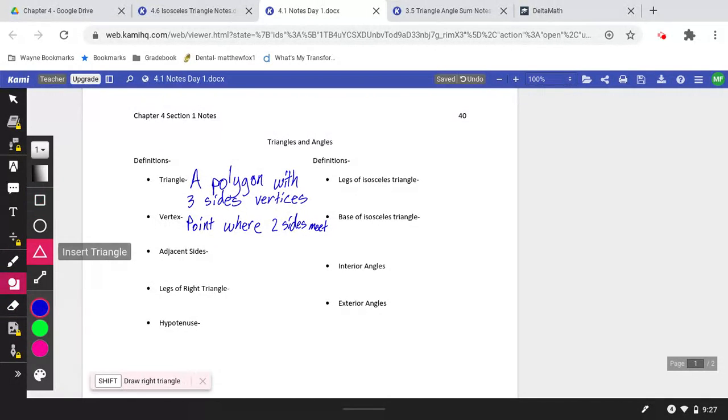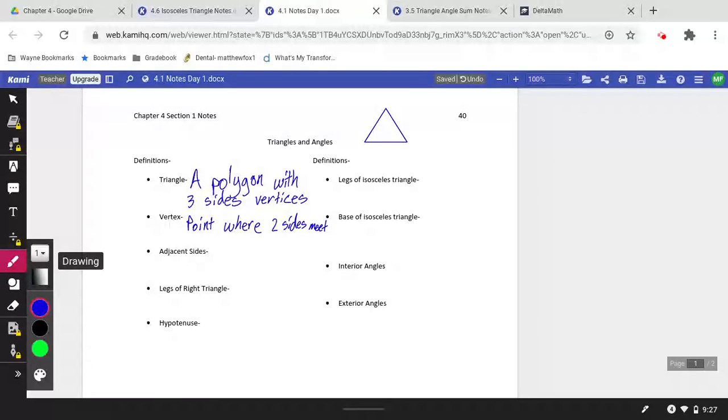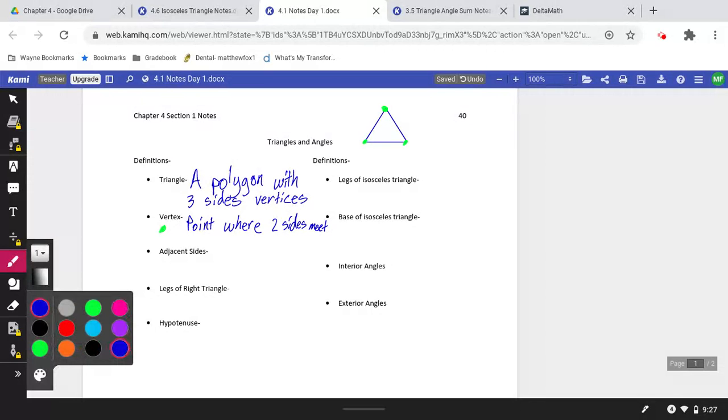I'll use their version. So if we have a triangle up here, then our vertices, there's one here, and one here. The green dots are the vertices, or the vertex. Now, adjacent sides. These are sides that share a vertex.